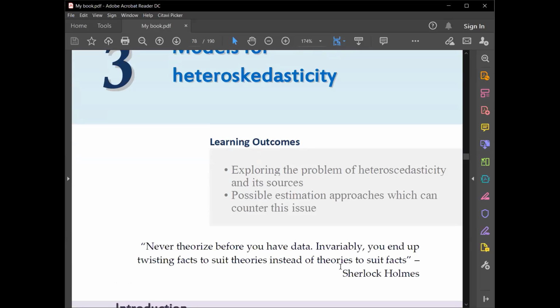The major issue that leads to heteroscedasticity: there is a quotation by Sherlock Holmes, that never theorize before you have data, and invariably you will end up twisting facts to suit the theories instead of theories to suit the facts. Let me write it here so that you can understand what this quotation means.